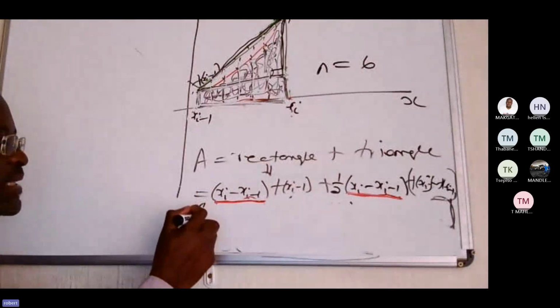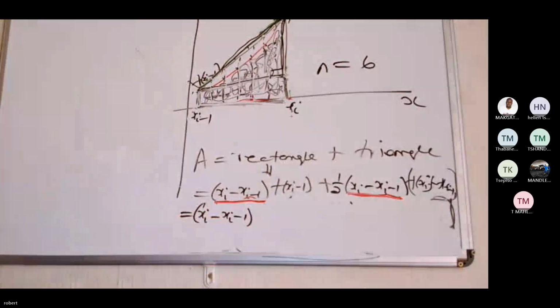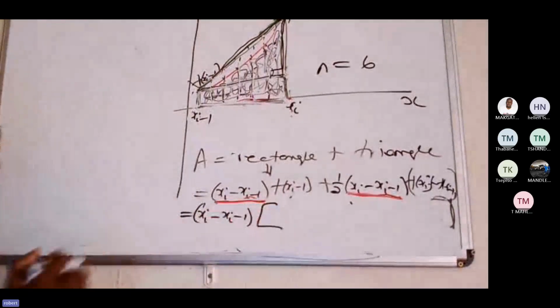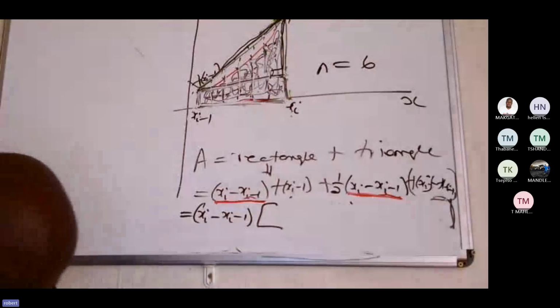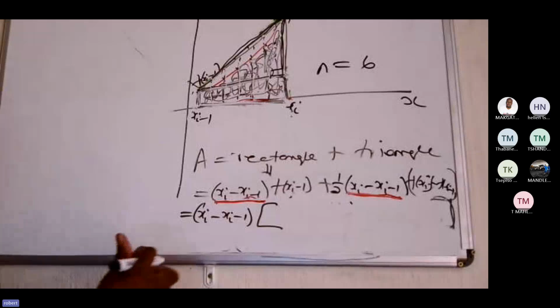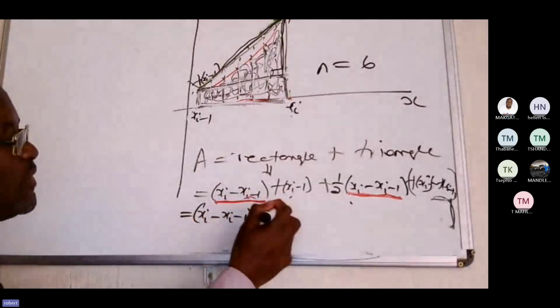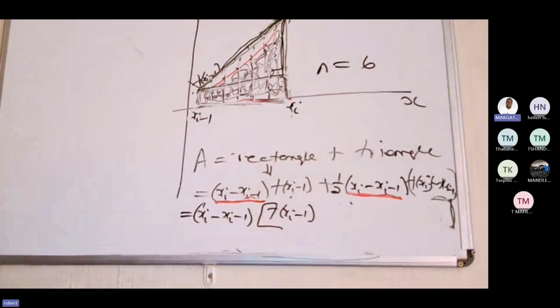Then it will be xi minus xi minus 1. Then in brackets now, whatever is left. So what is left here is what? Looks like my blue marker has fallen. Okay, but let us just proceed. Then you are left with this one. That's right.